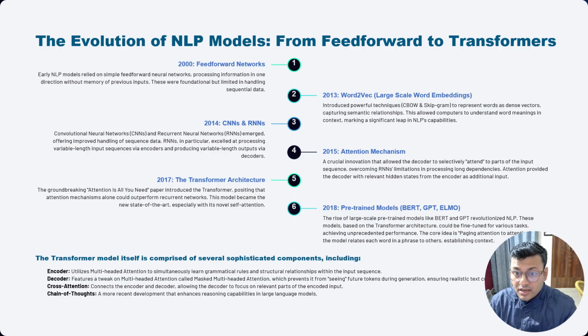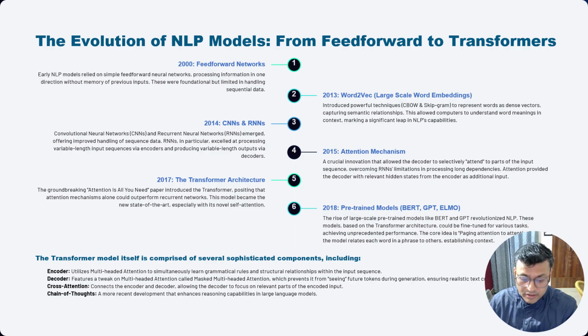Under this technique we also use CBOW and Skip-gram. We will not go deep into it now, but we can discuss it further when we go deeper into NLP. Then in 2014, CNNs and RNNs improved sequence handling, which was not there in 2013. These are convolutional neural networks and recurrent neural networks.